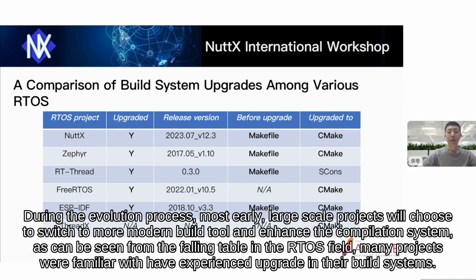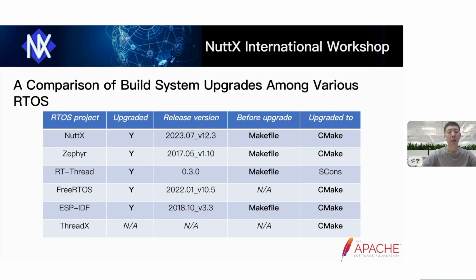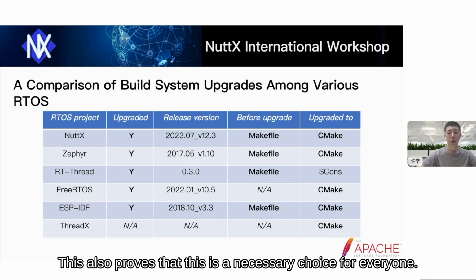As can be seen from the following table, in the autos field, many projects we are familiar with have experienced the upgrade in their build systems. More modern build tools can help us solve most of the above problems. This also proves that this is a necessary choice for everyone.